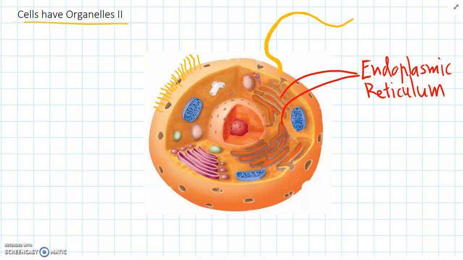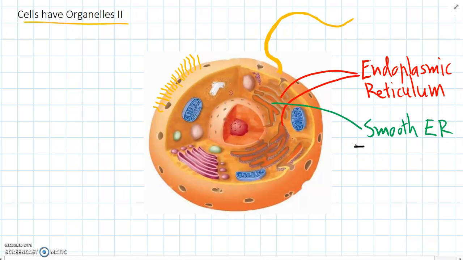So the two different types we have are this one over here that has smooth edges, and surprisingly, it's called the smooth endoplasmic reticulum, or the smooth ER for short. And its job is to make quite a few different chemicals that the cell needs.